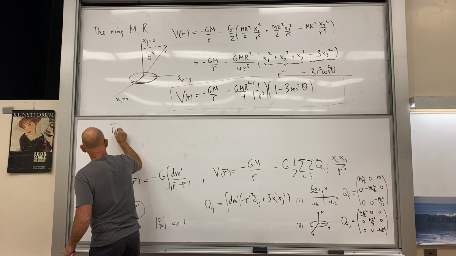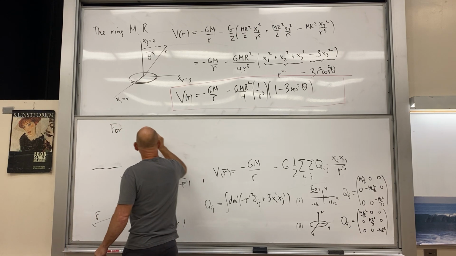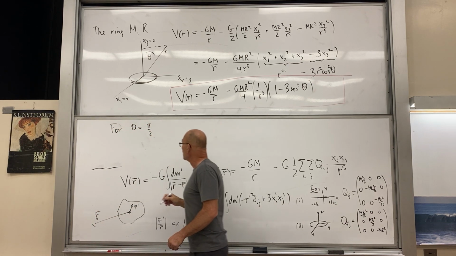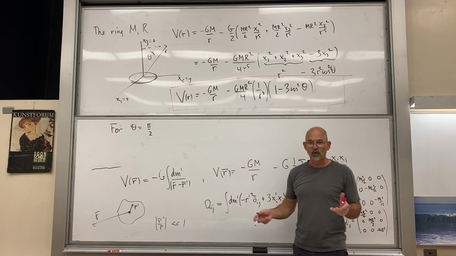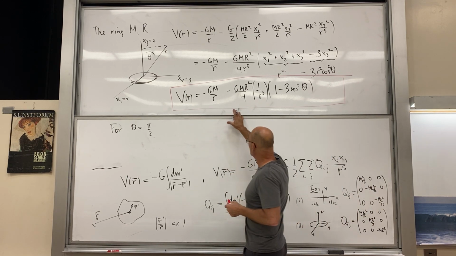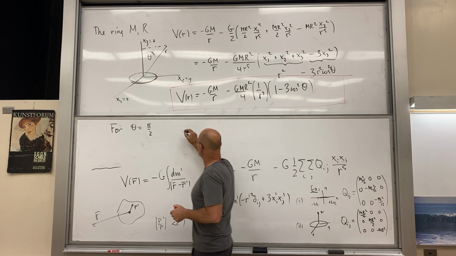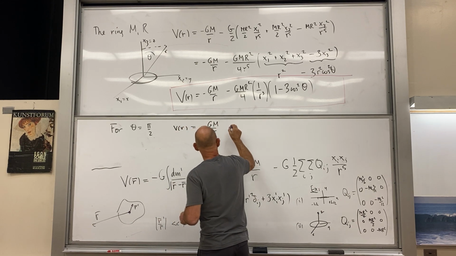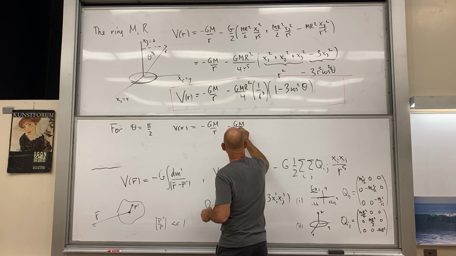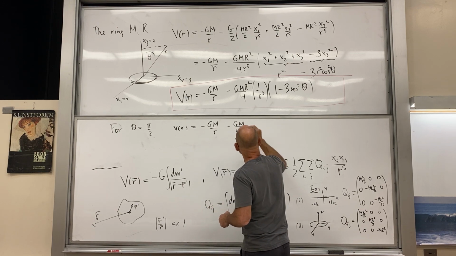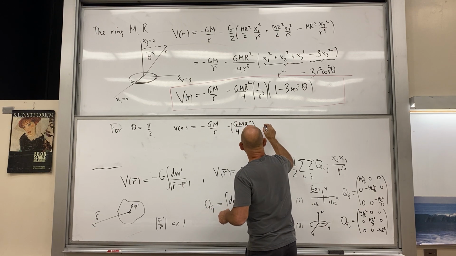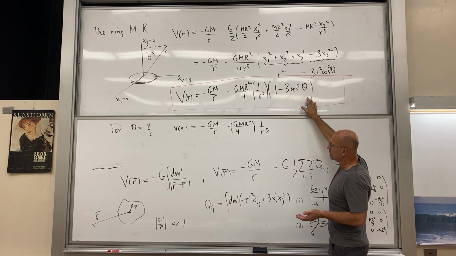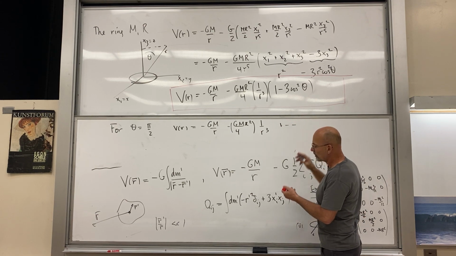Theta equals pi over 2. I think for orbits around the equator of an oblate spheroid, this would be V of R equals minus GM over R minus GMR squared over 4 times 1 over R cubed, and then cosine pi over 2 is 0. There would be more terms in that expansion.